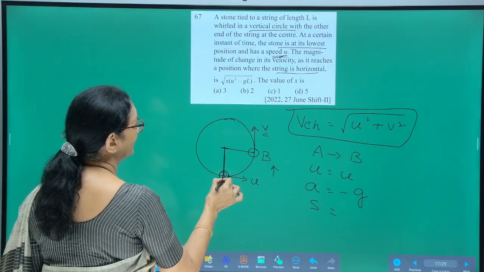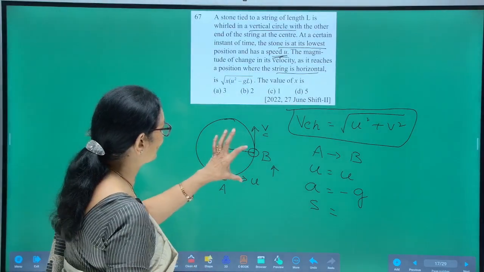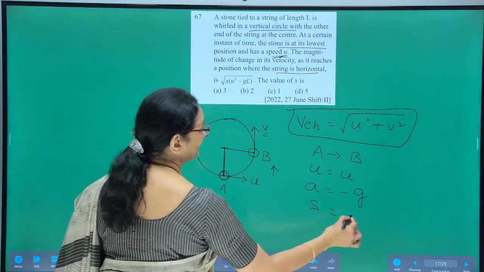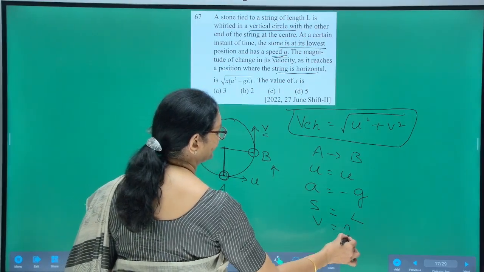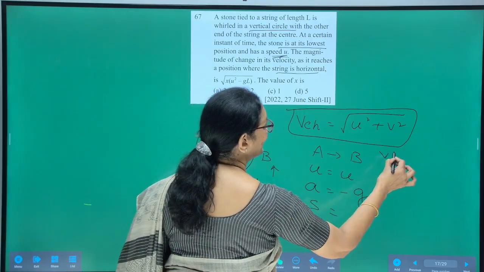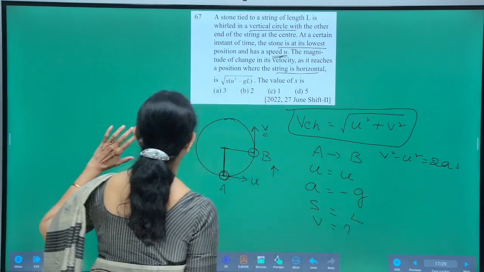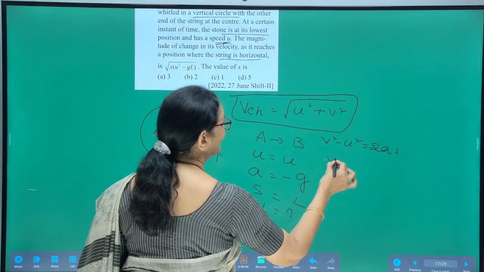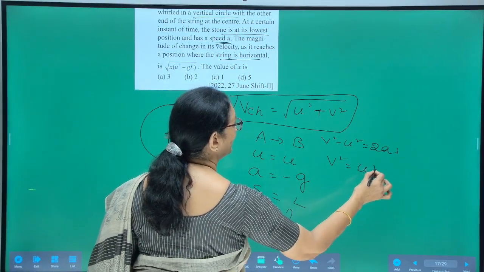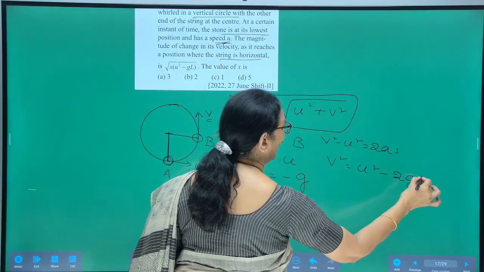As the body moves from the point A to B, vertical shift in center of mass is nothing but the radius, that is given as length of the string here. What is velocity? So, as v square minus u square is 2as, if you substitute the given data here, what do we get? v square is equal to u square minus 2gl.